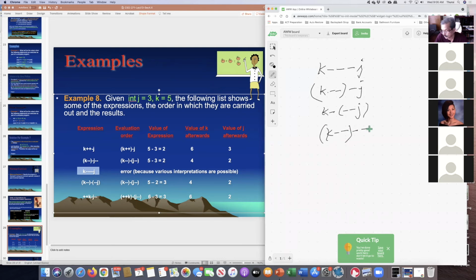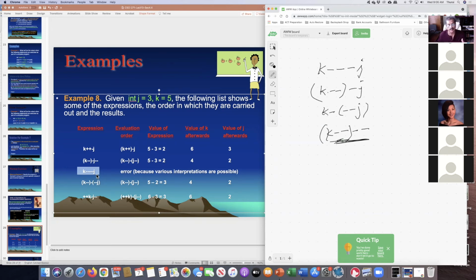It means decrease K by 1, and by another 1. So this can be mixed up. It doesn't have one meaning, and that's why this will be an error.